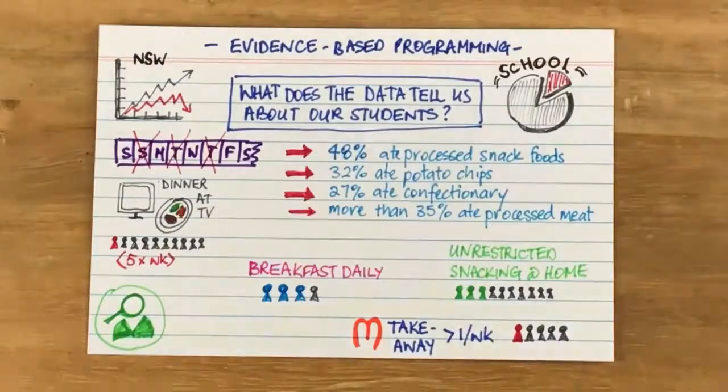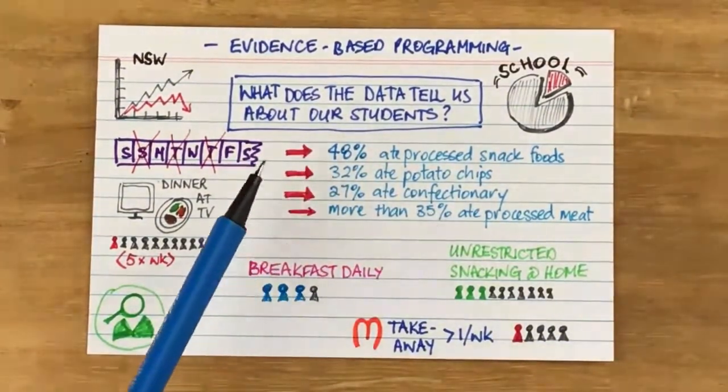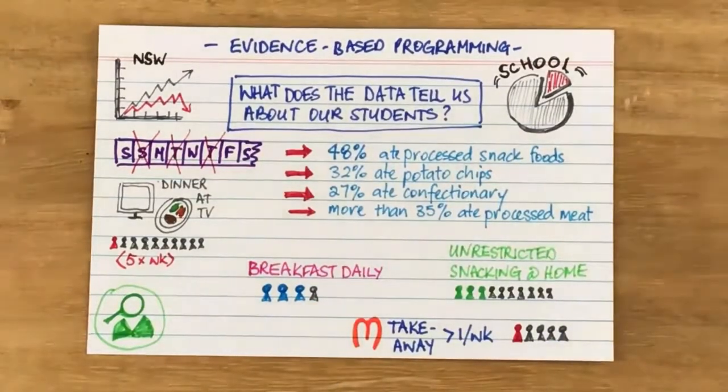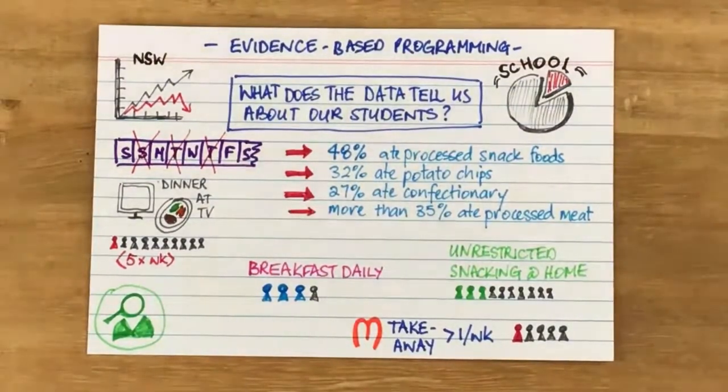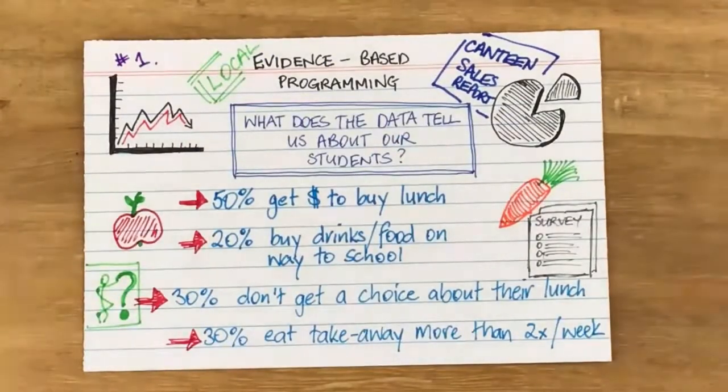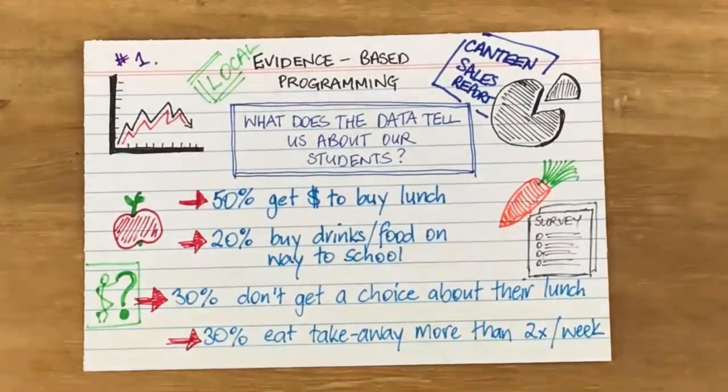And 3 out of 10 students have unrestricted snacking at home. So there's no controls in terms of what they're eating in between meals. There's also some other data there in terms of what students are eating, in particular looking at some of the sugar-based and process-based foods there. So that was state-based data.